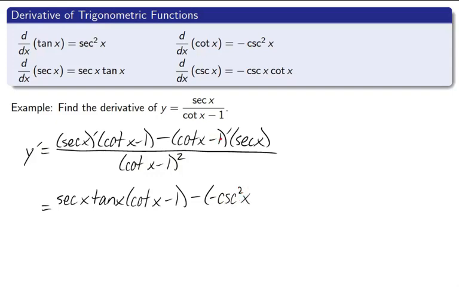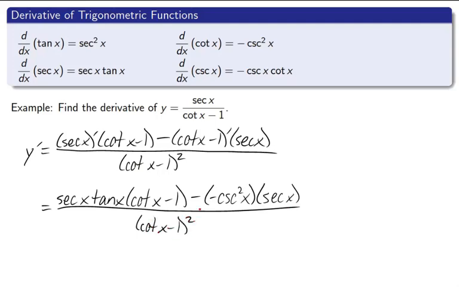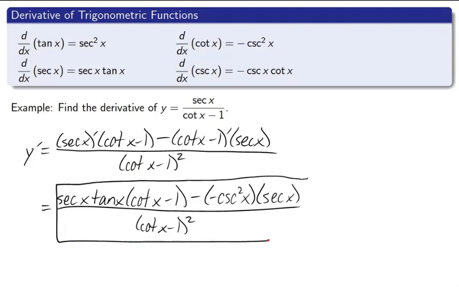The derivative of 1 is 0, so I'll close my parentheses, times secant x, and we'll leave the denominator alone as cotangent x minus 1 squared. And this massive thing is what we're just going to write as the answer. Again, when it comes to the quotient rule, just write out what you have, take some derivatives, and call that your final answer.